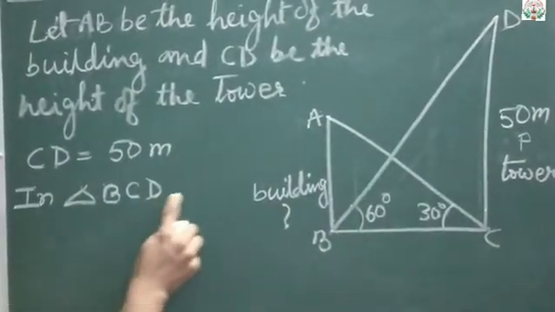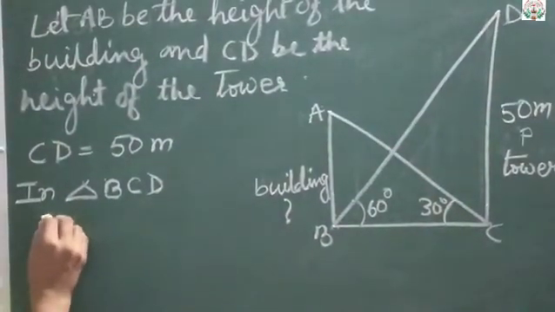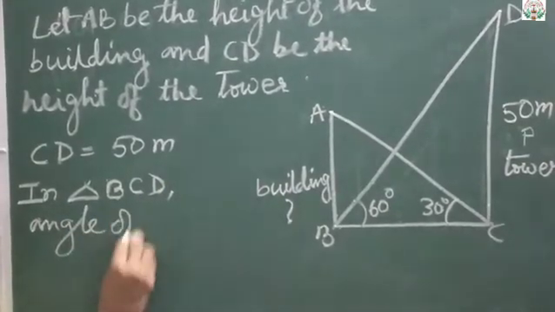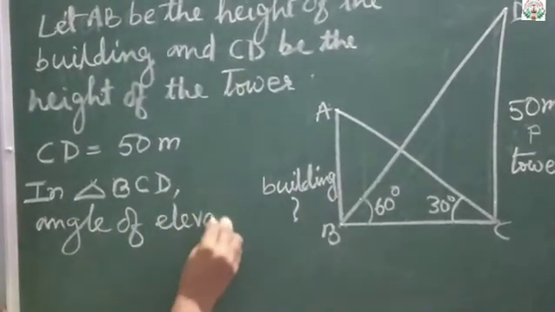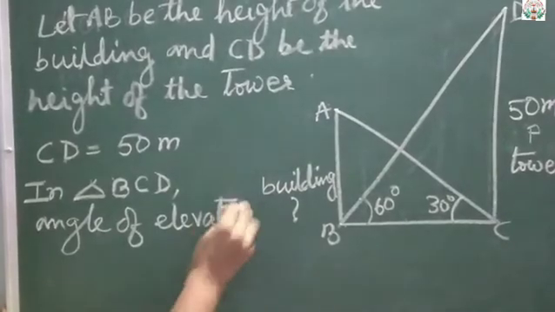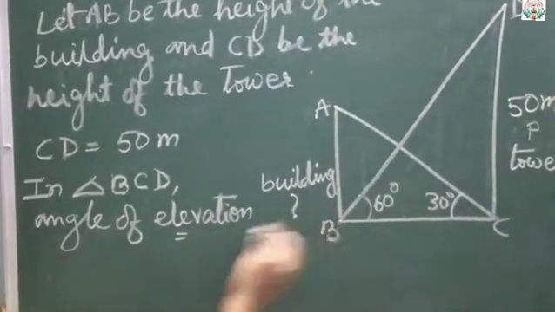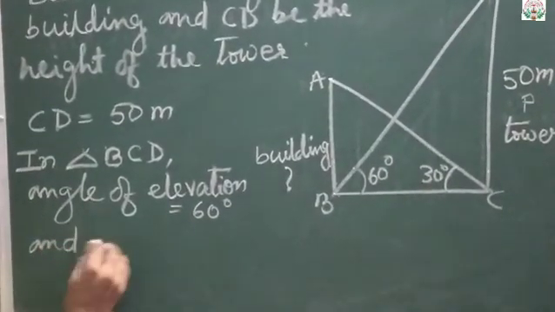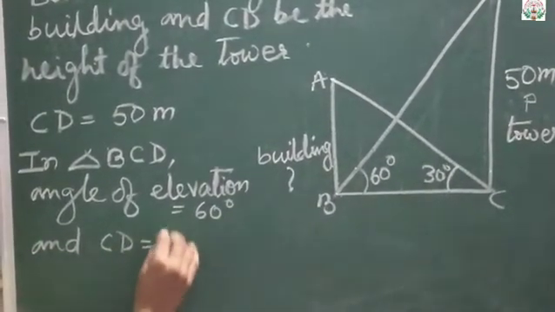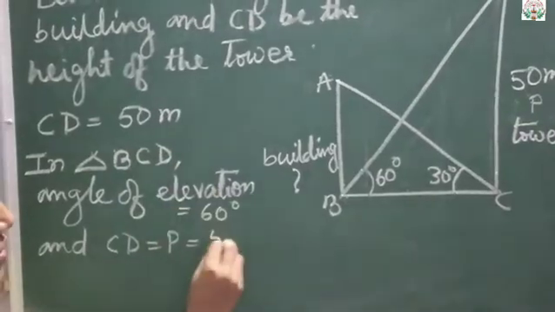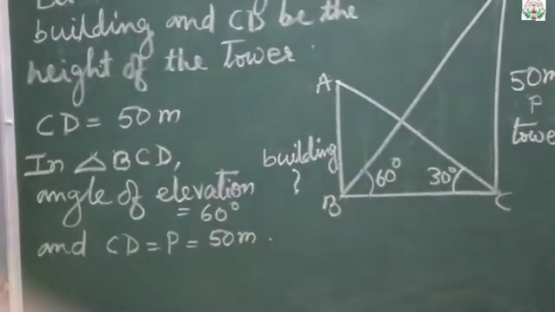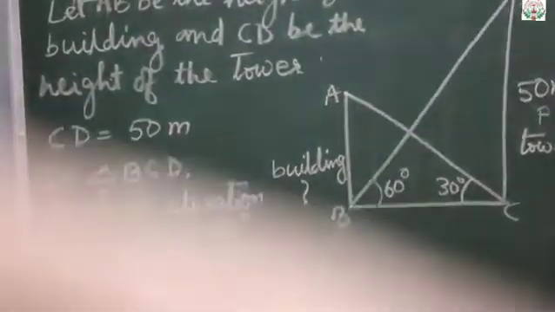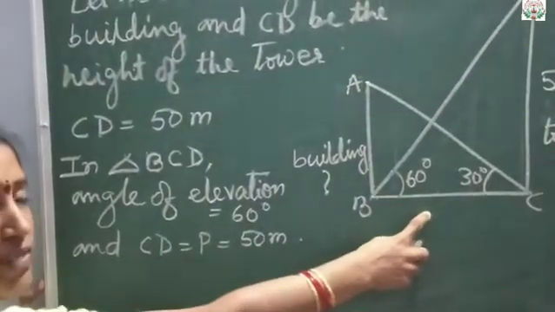So in triangle BCD, angle of elevation is how much? Angle of elevation equals to how much? 60 degree, and CD equals to P equals to how much? 50 meter. Then which trigonometric ratios will take? That is tan, because P is given, B we have to find.